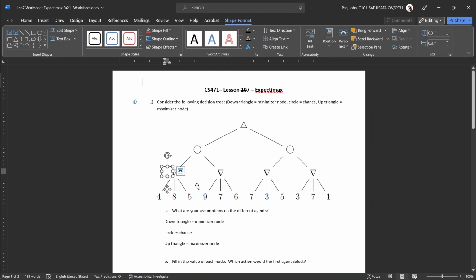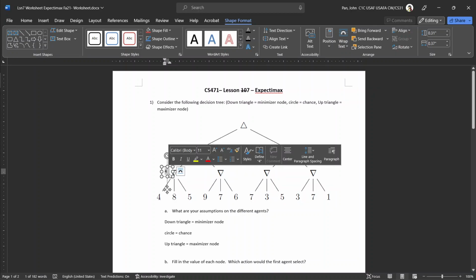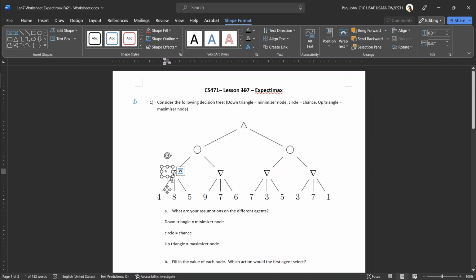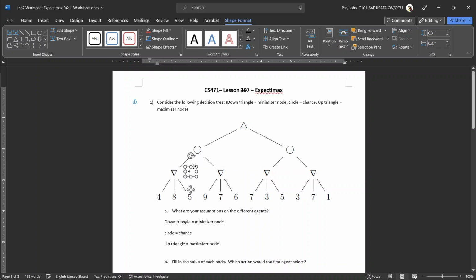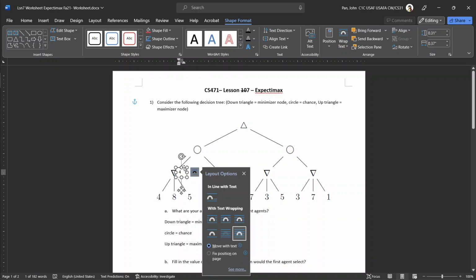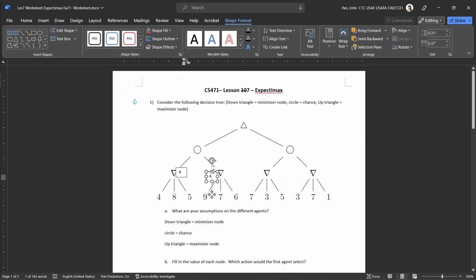So the first one is a down arrow, so it's going to select the minimum, which is 4. Put that right there. And I'm actually going to add some text boxes to all these guys.